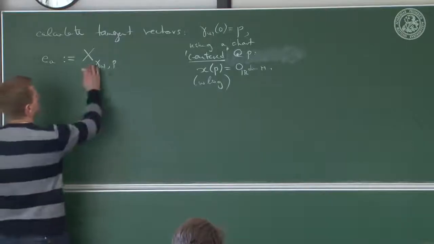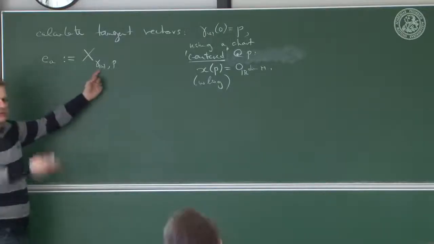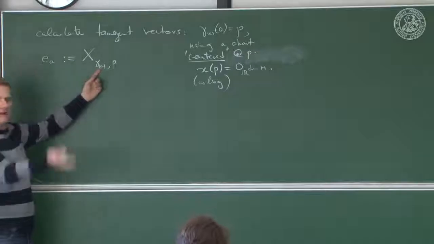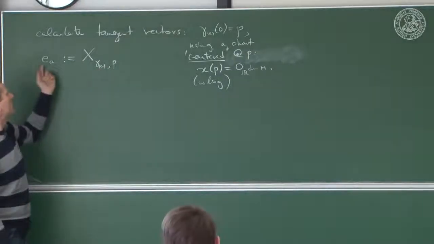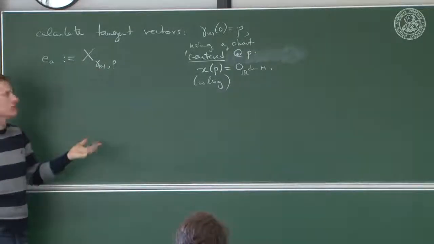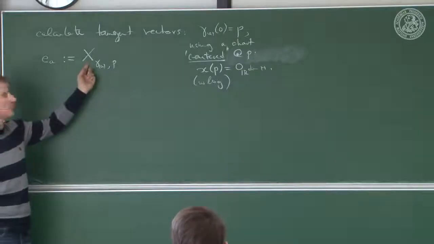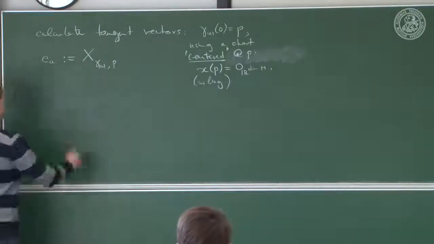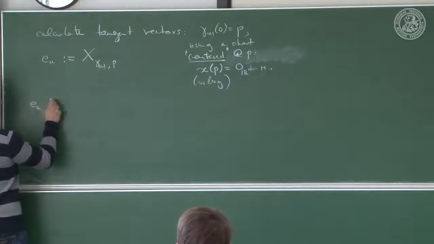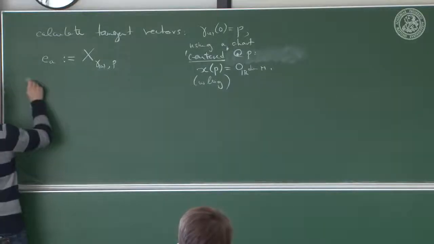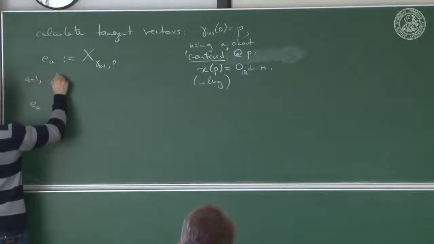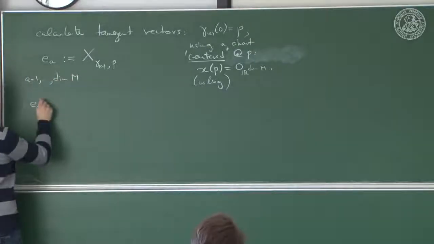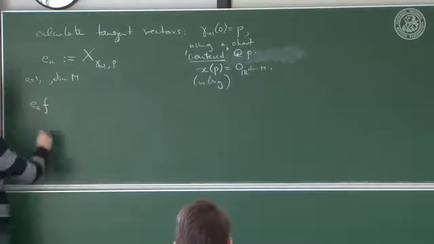And then we calculate for each of these curves that we pulled up into the manifold, we can calculate in the manifold the tangent vector. That is what we always do. Now it's instructive to see how this Ath tangent vector, we have a number of such tangent vectors, acts on a smooth function.